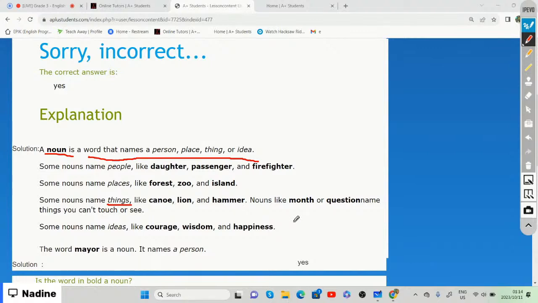So nouns name things like canoe, lion, hammer, ball, dog. And then we also have nouns like months or question, which name things you can't touch or see.